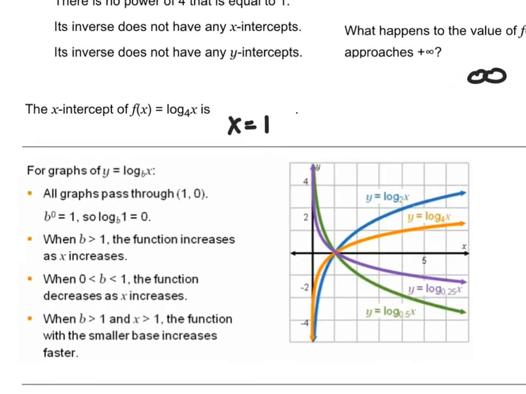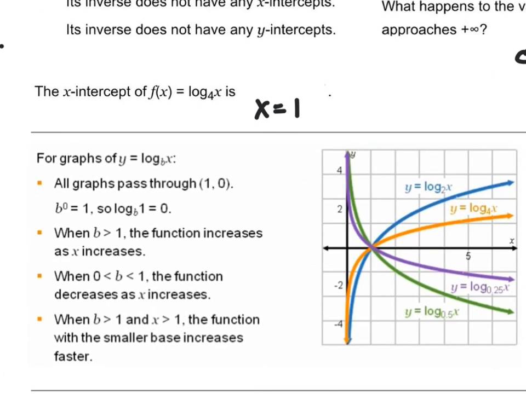All right. So then, you do have these transformations on these log functions. If your base is greater than 1, on these two graphs here, then you're going to have this general shape of a graph that does this. If your base is less than 1, then it's going to have a graph that looks like this.